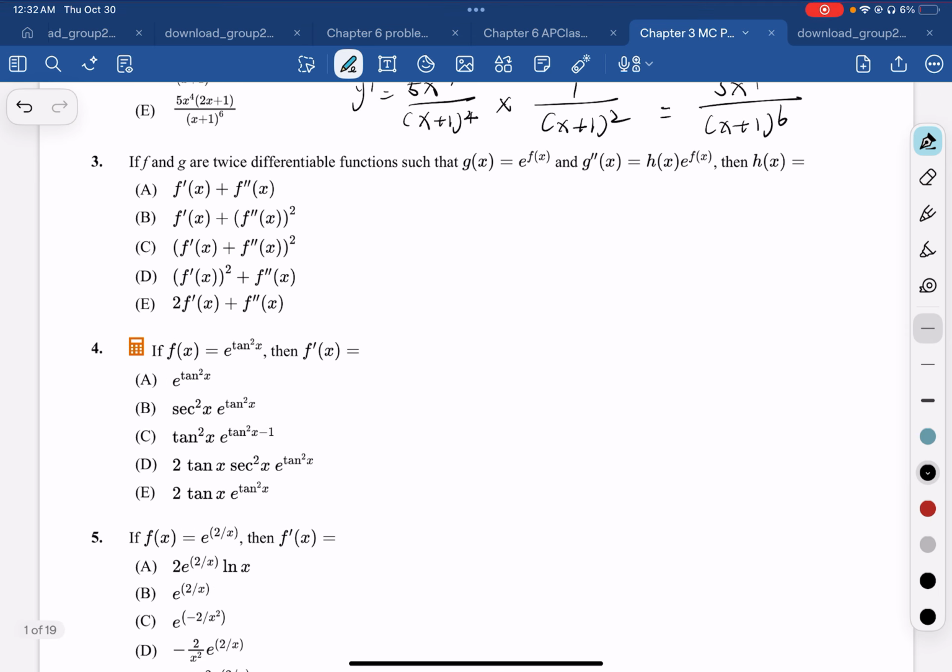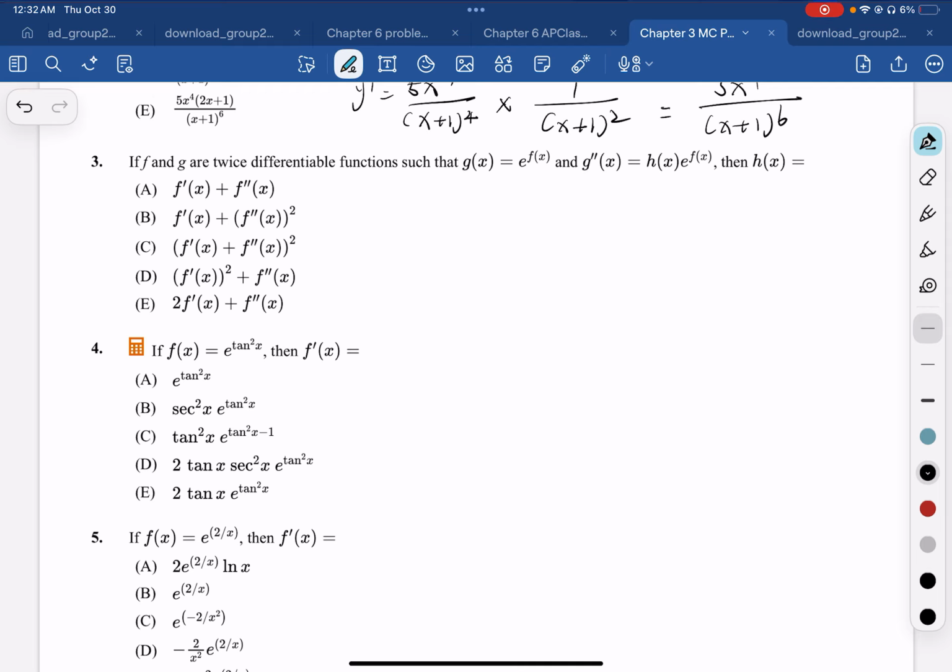All right, the third one, if f and g are twice differentiable functions such that g of x equals e raised to power of f of x, and g double prime of x equals h of x times e raised to f of x, then h of x equals what?